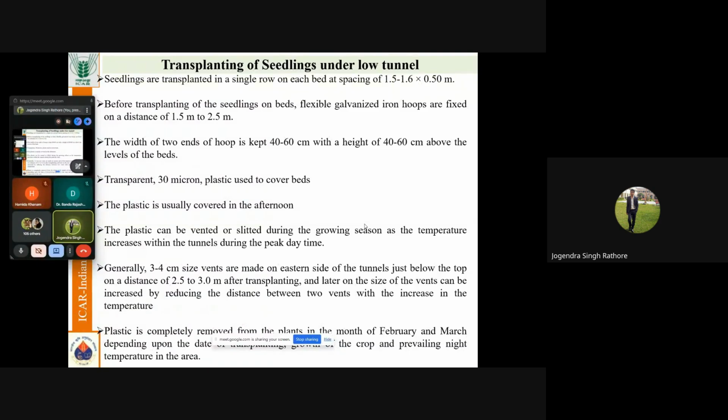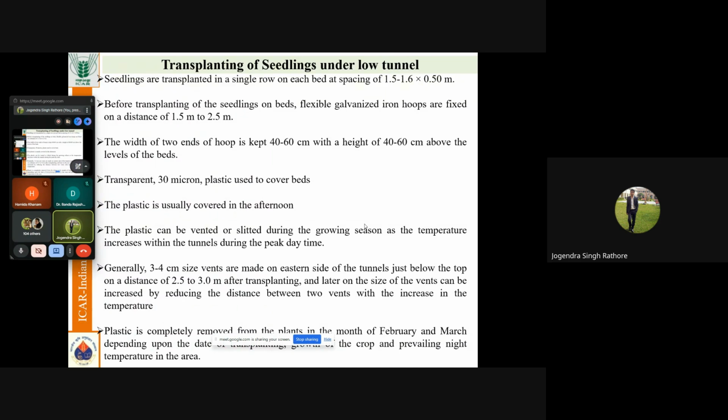Then we use this transparent plastic, cover the beds, and cover the sides of the plastic with soil. Then we prepare some ventilation holes for proper ventilation.